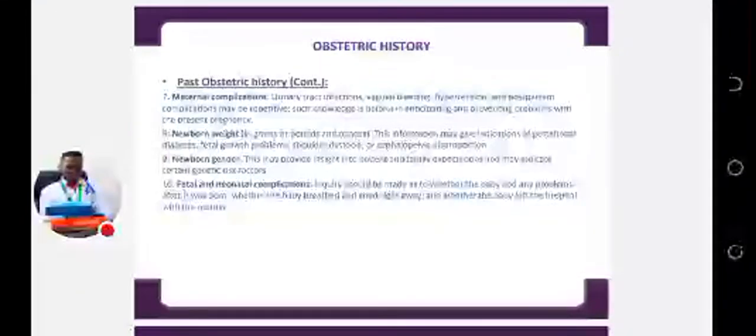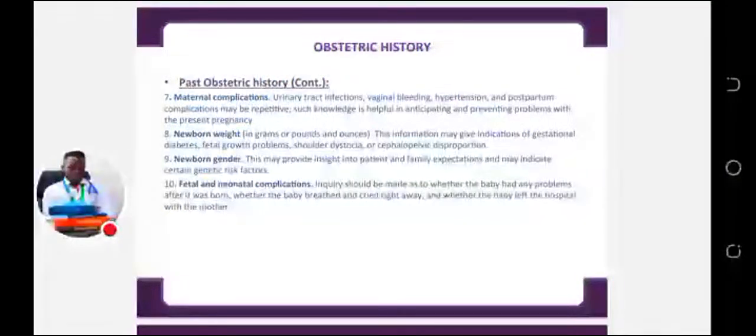Okay. Then past obstetric history continuation. Number 7, maternal complication. You need to know if your client has maybe developed any urinary tract infection, the UTI, or any vaginal bleeding, hypertension, or postpartum complication. This may be repetitive.